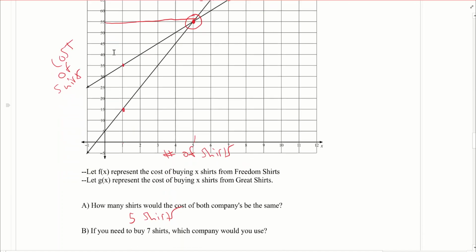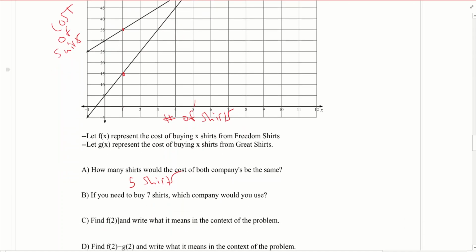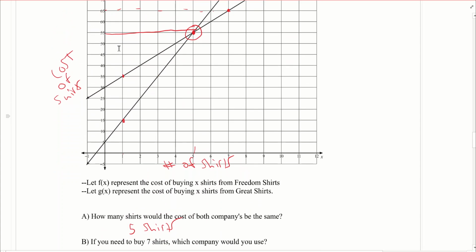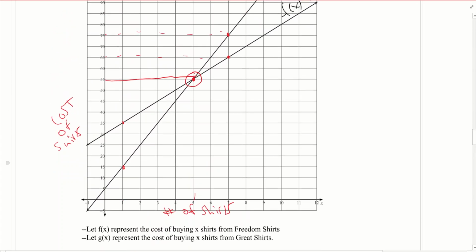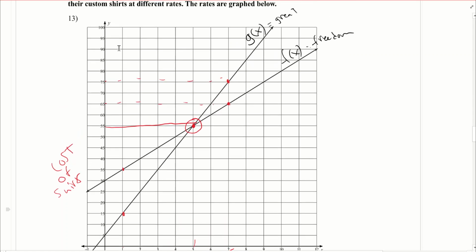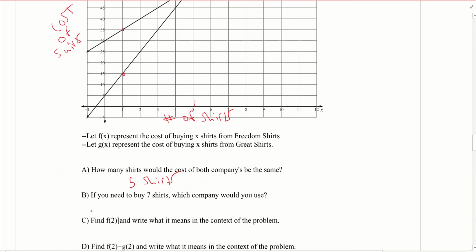Who are you going to buy from? You want to spend more money? I guess without knowing the quality, there are some other questions out there, but as far as money goes, we want to buy from Freedom Shirts. So we should say Freedom Shirts, because they cost less.